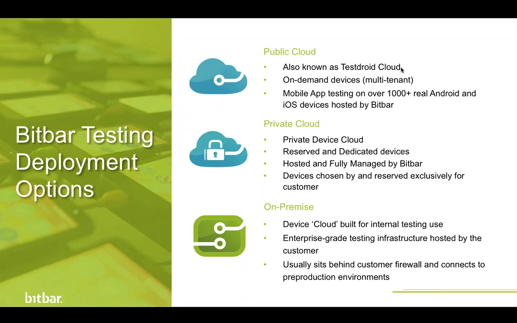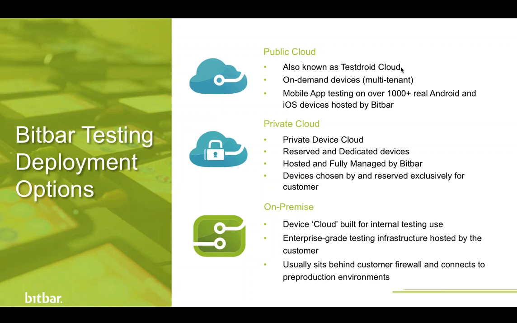So public cloud, which is also known as Tester Cloud, provides all those devices, real Android and iOS devices, for you in a convenient cloud-based environment, and you can access any of those for manual or test automation or any other sort of testing. The private cloud provides you reserved, dedicated devices where you can have everything maintained, upgraded, and managed for you, so you don't have to deal with the hardware.